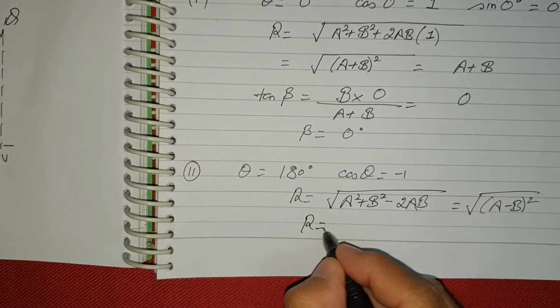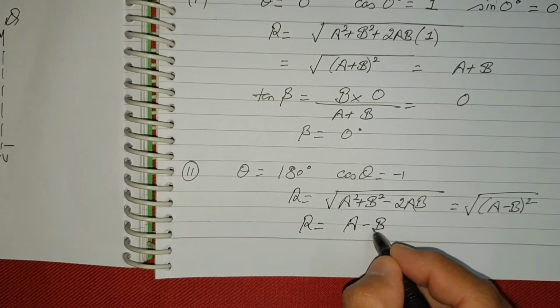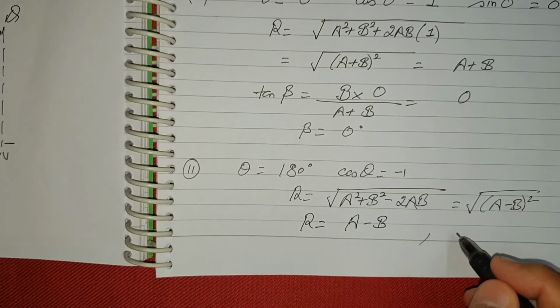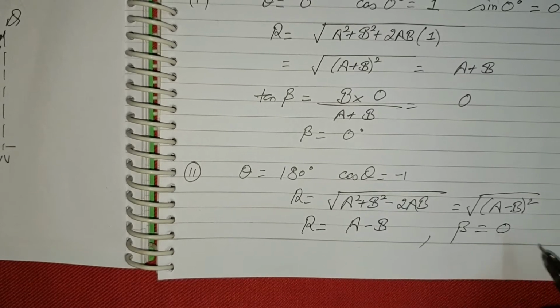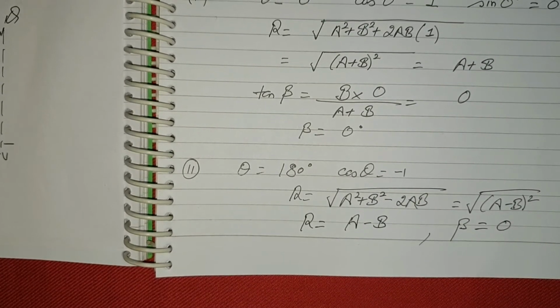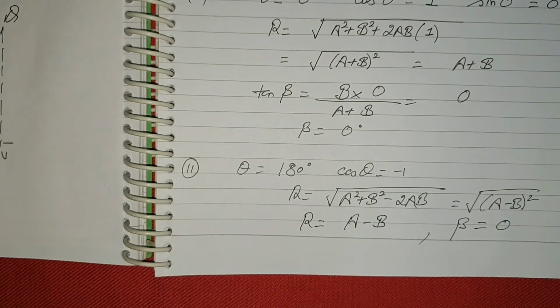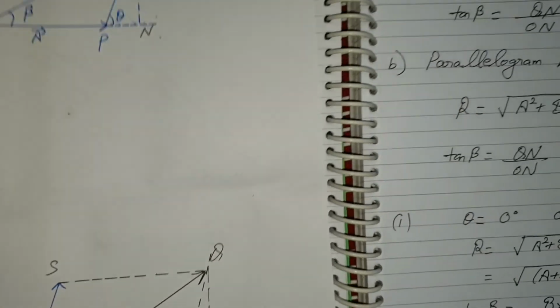So R is a minus b. And beta will again be 0. So for two vectors acting in opposite direction, the magnitude of the resultant vector is equal to the difference in the magnitude of the two vectors and acts in the direction of the bigger vector.